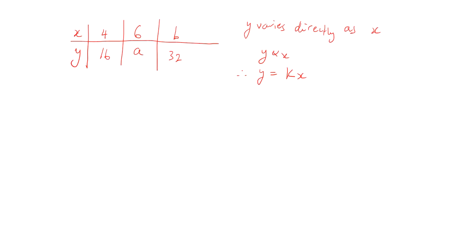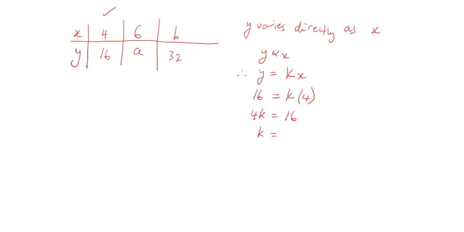So we'll use pieces of the information given. So we'll use the first thing. We know what x is and we know what y is. So y is 16. We don't know what k is, and x is 4. So we solve for k. So this will be 4k is equal to 16.